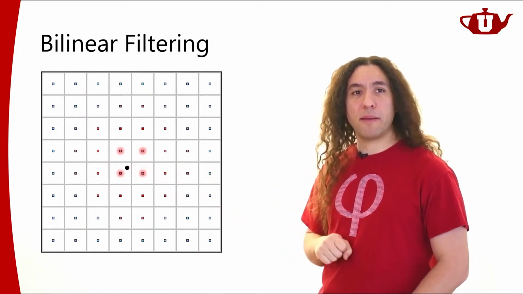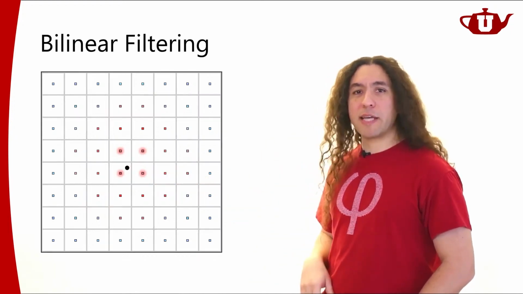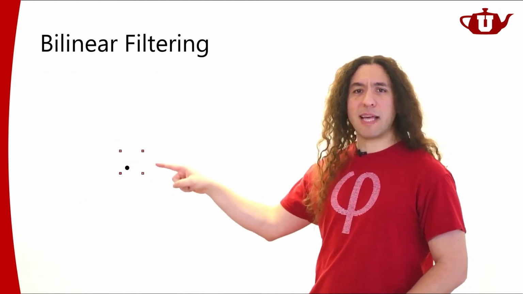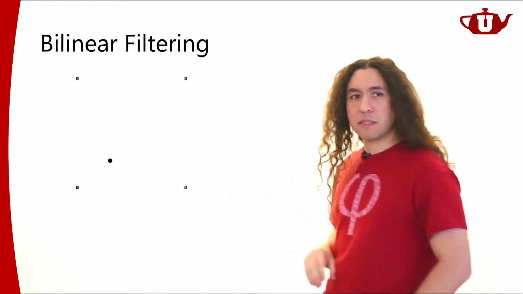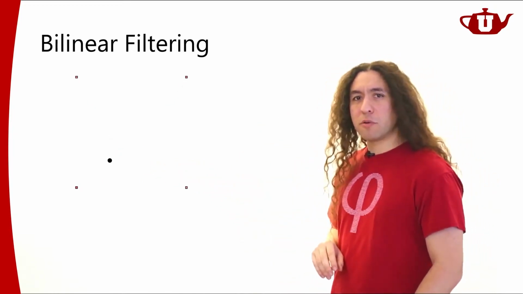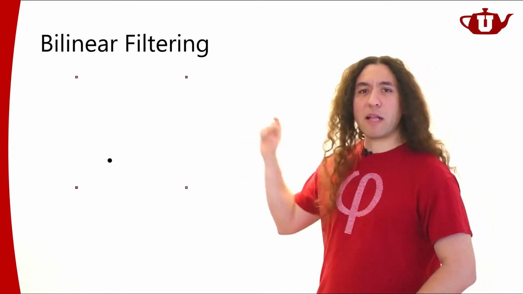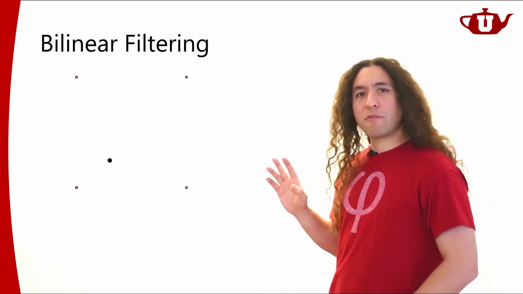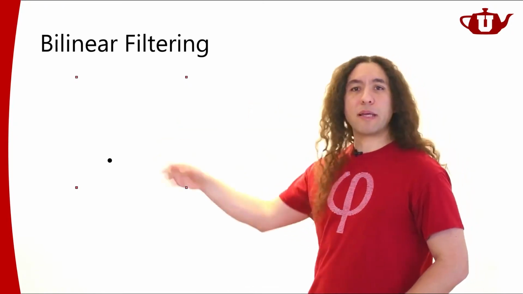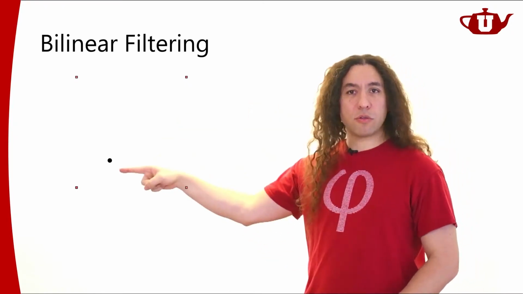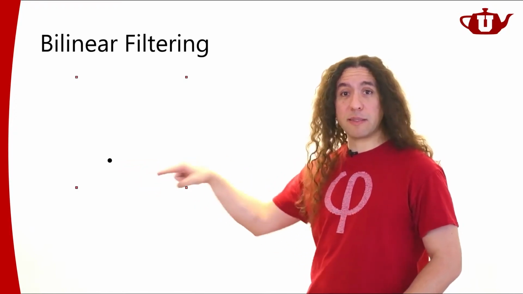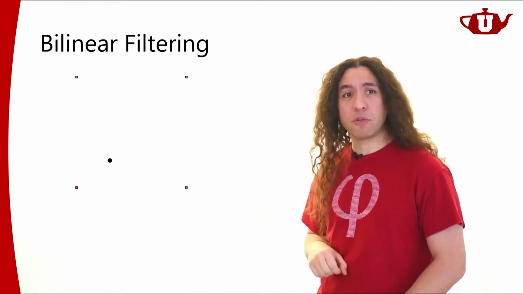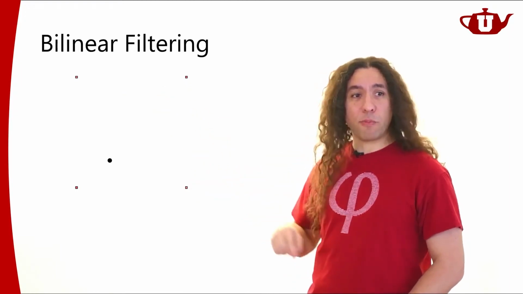Let's get rid of all of the other texels and concentrate on these 4, and blow it up a little bit. I have these 4 values around it, and I need to figure out a way of interpolating them to compute the value here. So I'm going to interpolate the texture values defined at these 4 corners.